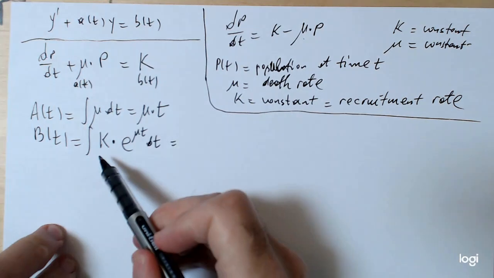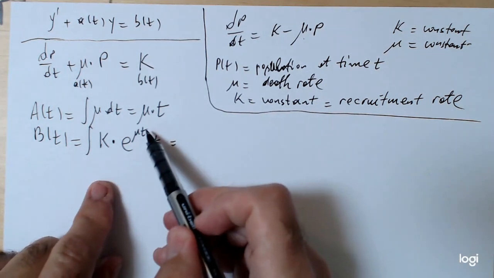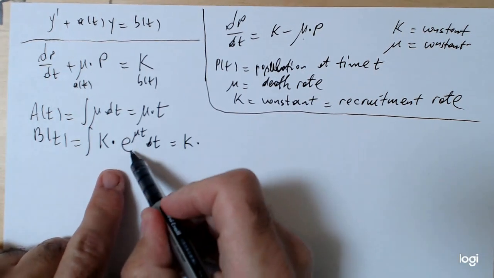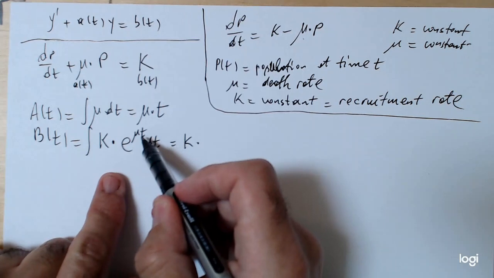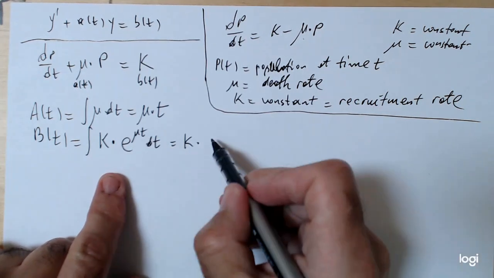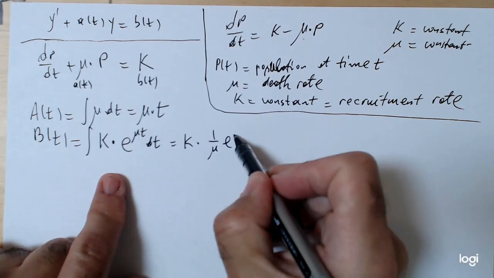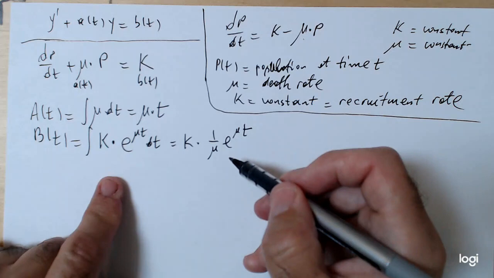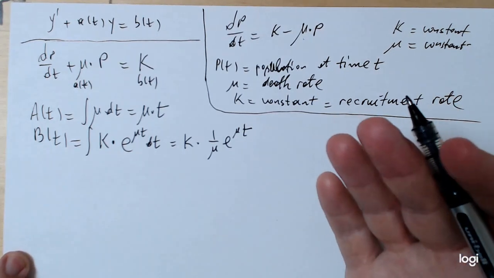This is like me integrating, let's say, 5 e to the 3t. It's very easy to integrate. Pull the constant out. And how do you integrate e to the 3t? If you want a number in mind, that will be 1/3 e to the 3t. That's just going to be 1 over mu e to the mu t. So lots of symbols, but if they're constants, things are not that bad.